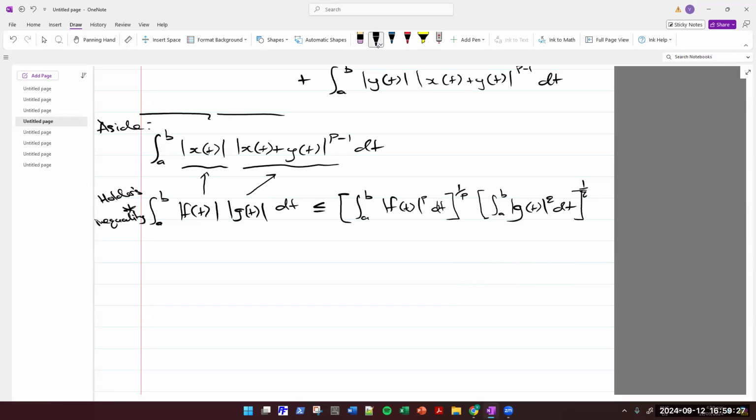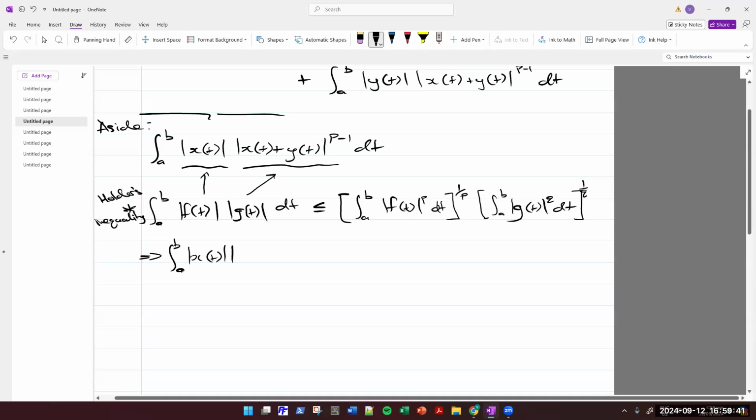So let's apply Holder's inequality. From Holder's inequality, this means that the integral from a to b of this term, with p minus 1, so that's the left-hand side, is less than or equal to the integral from a to b of f(t).